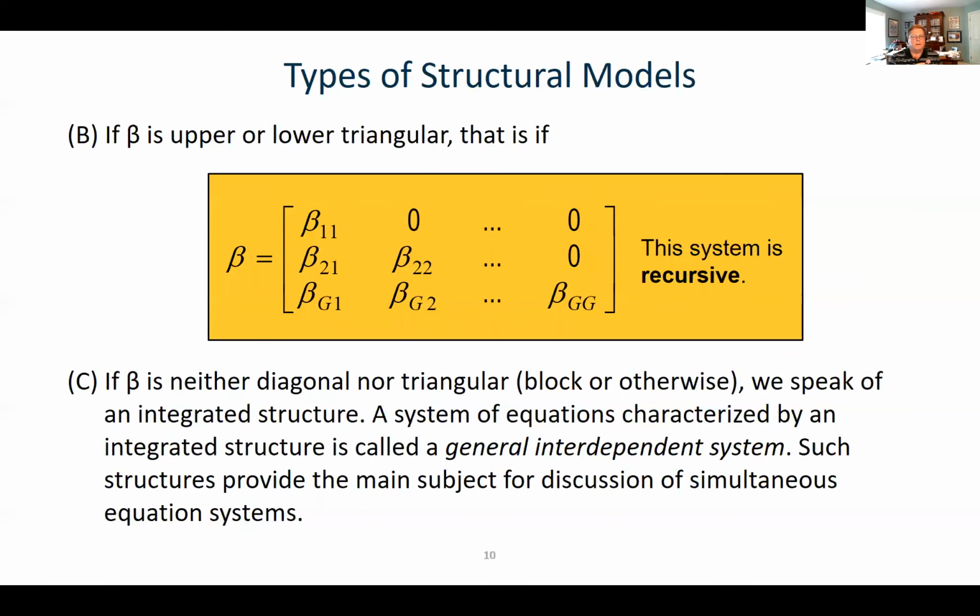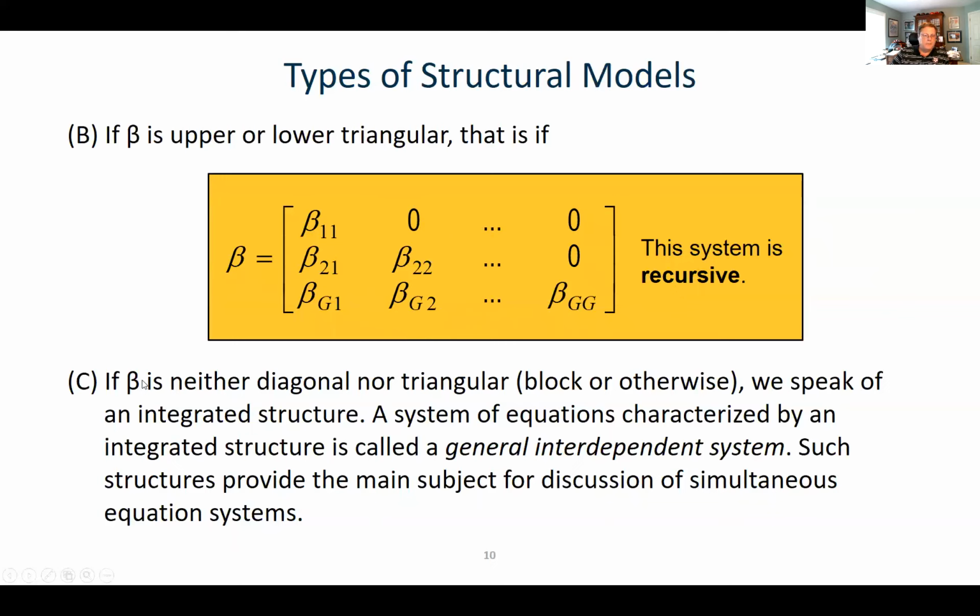If the beta matrix is either upper or lower triangular, meaning, and here's an example of an upper triangular matrix, if all the coefficients of the beta matrix above the diagonal are 0, and at least one coefficient of the beta matrix below the diagonal is non-zero, the system is recursive.